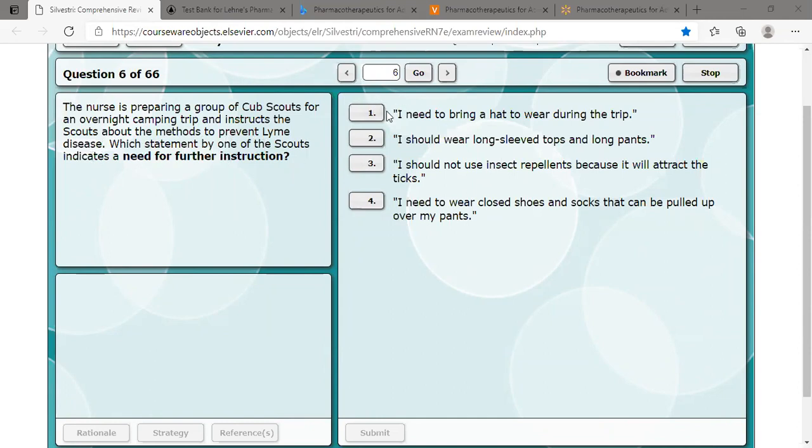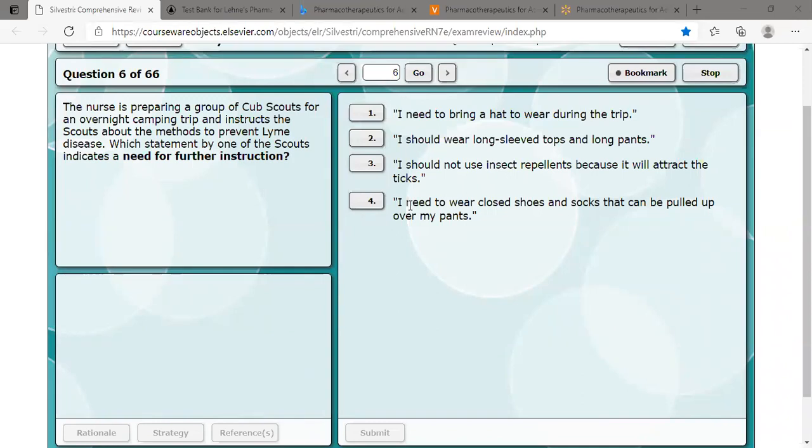So there are 4 options. Which one is wrong? I need to re-educate them. I need to correct them, make them correct, right? So here, there are 4 options. So I need to correct them, right?